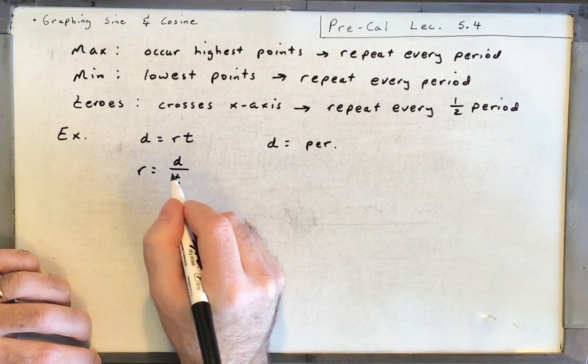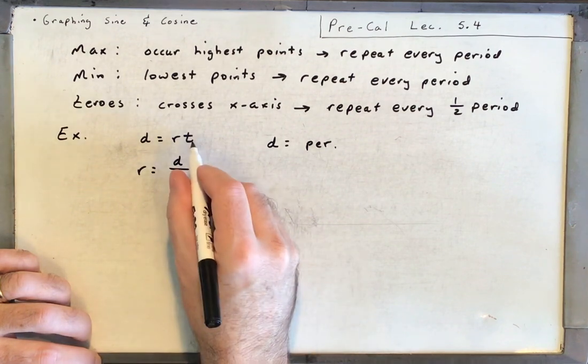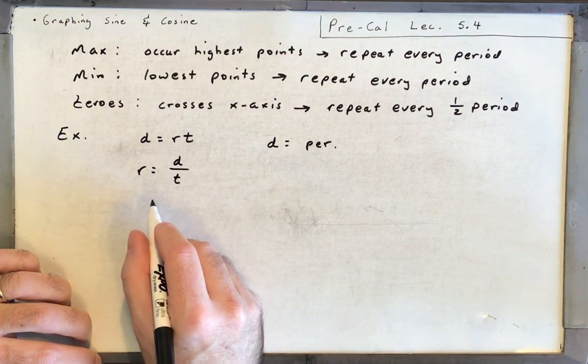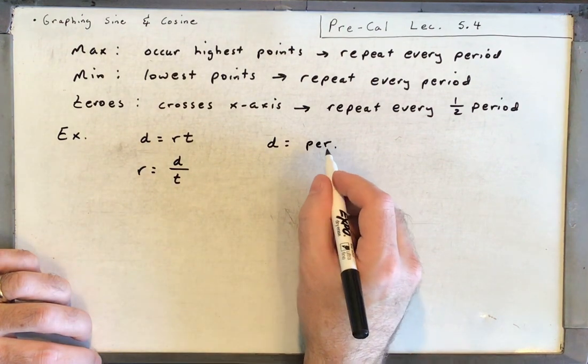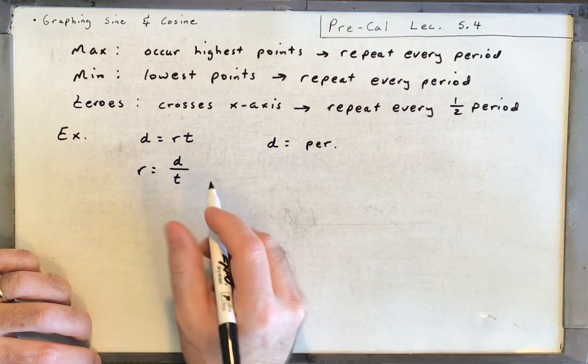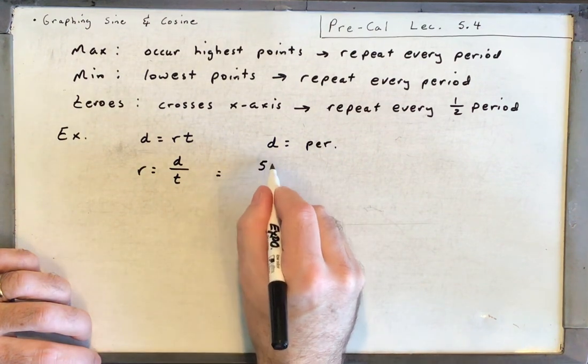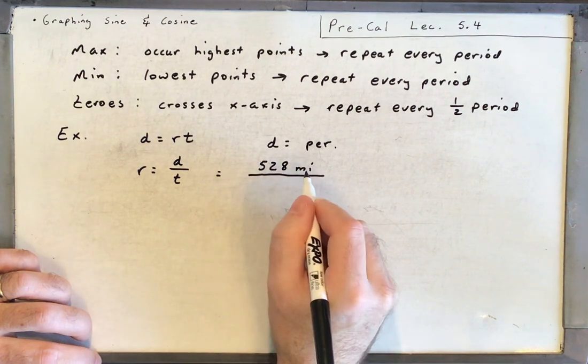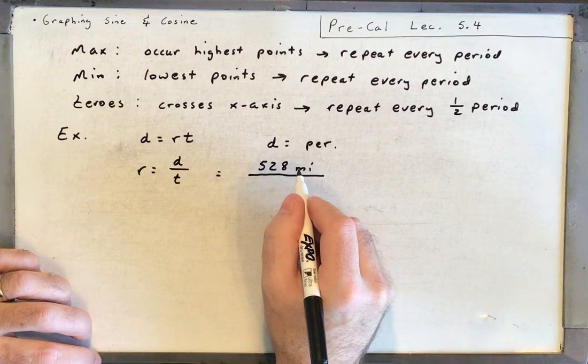Okay. So it says that it takes a wave 20 minutes to complete one period. So that is the period. That is the time that it takes to complete the 528 miles. So you've got 528 miles. The time is 20 minutes, all right?